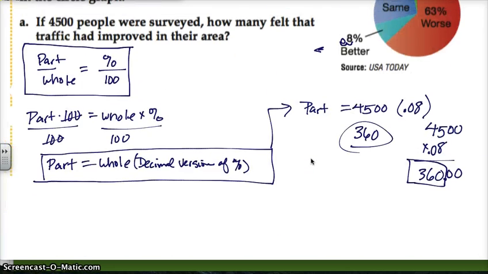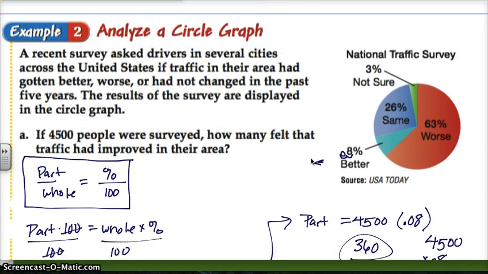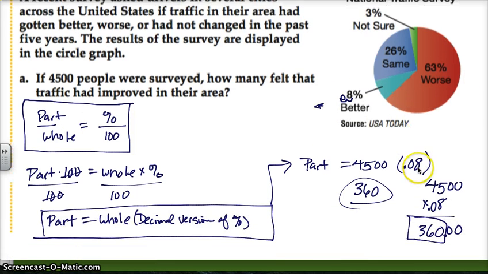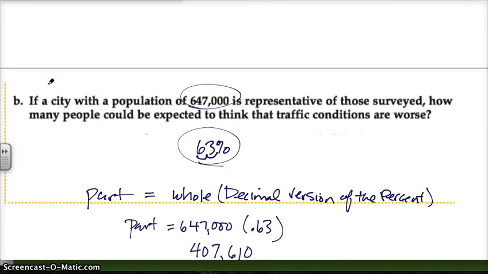Here's one thing to make sure you know what you're doing. Let me just go back up here really quickly. Here, our whole was 4,500. And notice that 8% is a small amount in comparison to the 100%. So we expect our answer to come out to be a small amount in comparison to the whole. 8% is small compared to 100, and 360 is pretty small compared to 4,500.